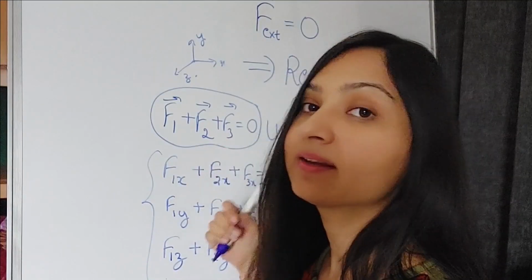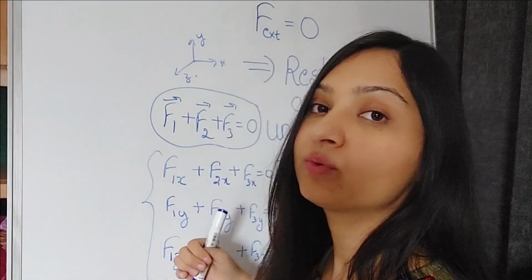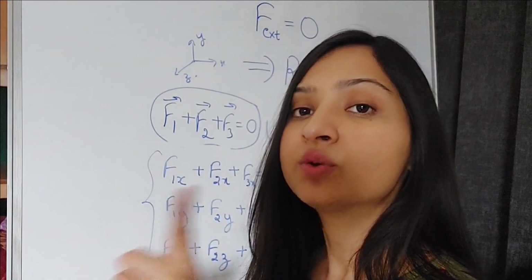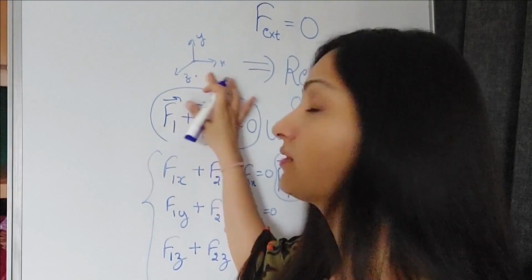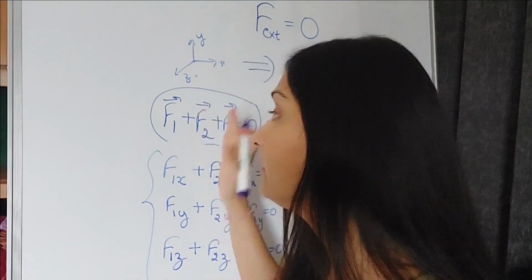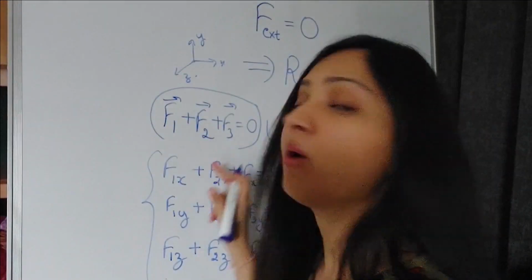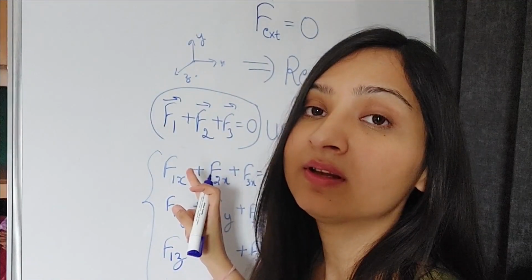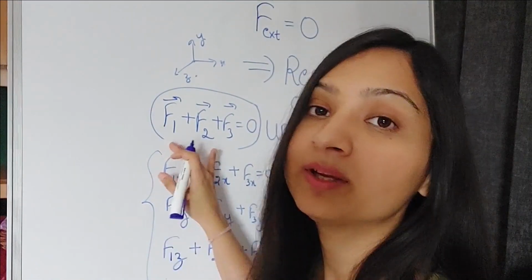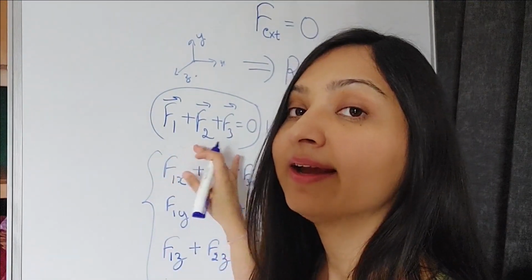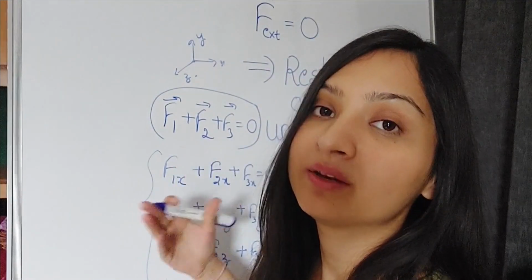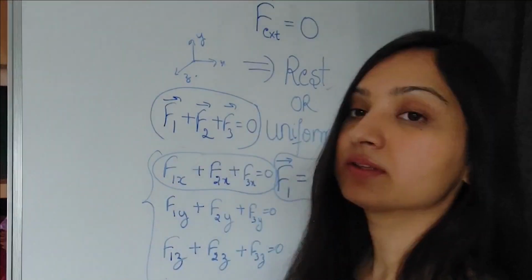How do we add these forces? Simplify the things. Choose one direction at a time. Let us talk about x direction and then take the components of all these three forces in the x direction. Whatever components come in the x direction, their sum must be zero. So this is what I have written.